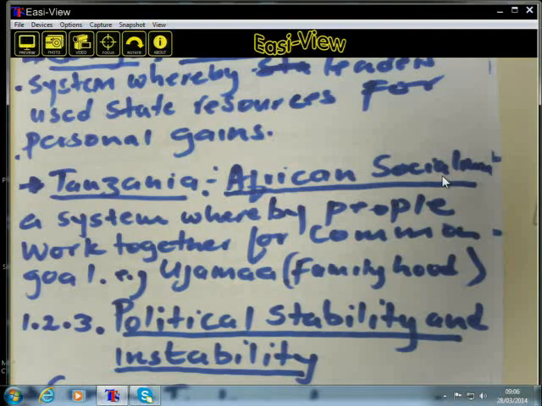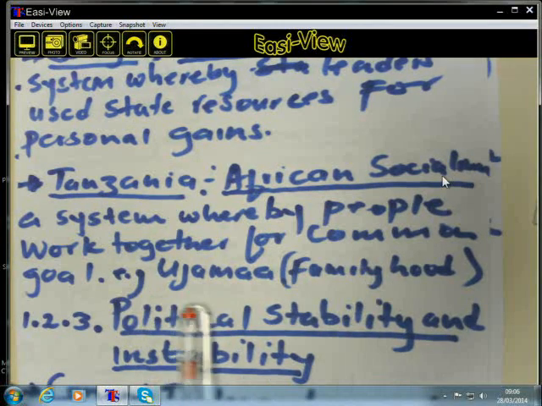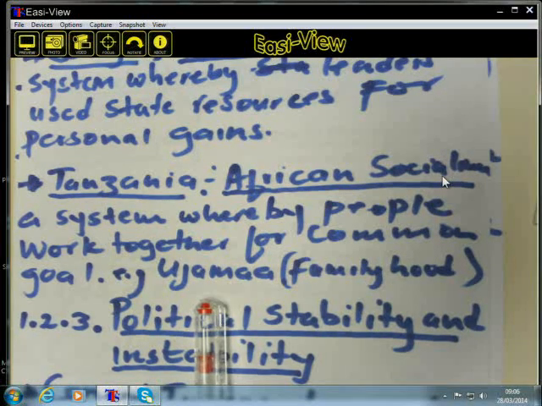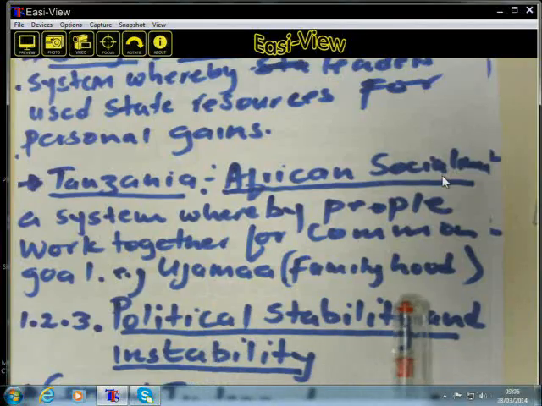For example, Tanzania used what was called ujamaa, a Swahili word that means familyhood. It was a system whereby all the members of the village were supposed to work together and produce for the benefit of the village at large, not for an individual, as was happening in Congo.